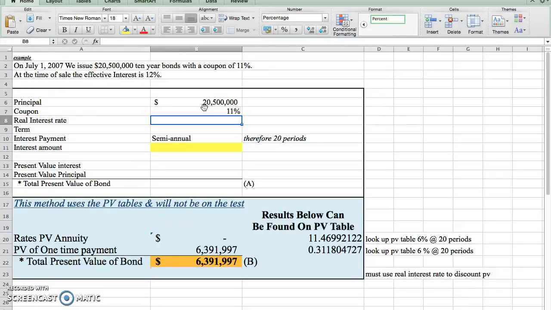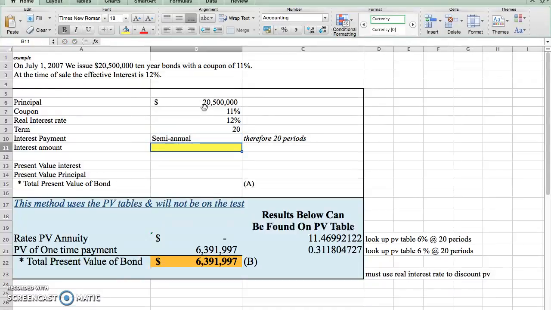The real interest rate over here in A8 is also known as the market rate, and that is the amount we use to discount. The term is a 10-year bond, and interest is being paid semi-annually. So therefore there are 20 periods. Every year there are 2 payments of the bond interest, so 10 times 2 is 20, so I'm going to put 20 in here.